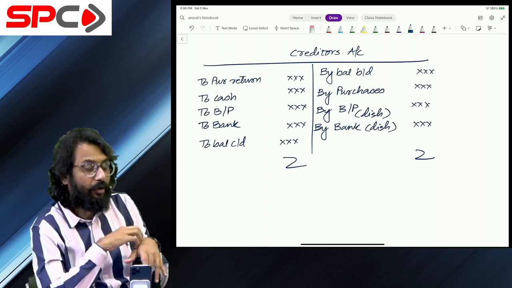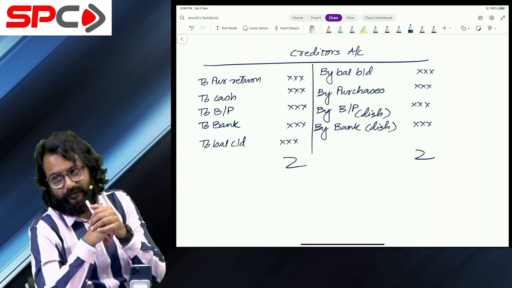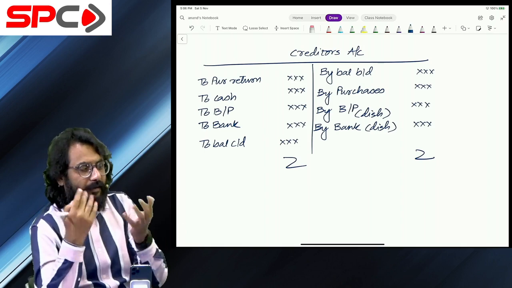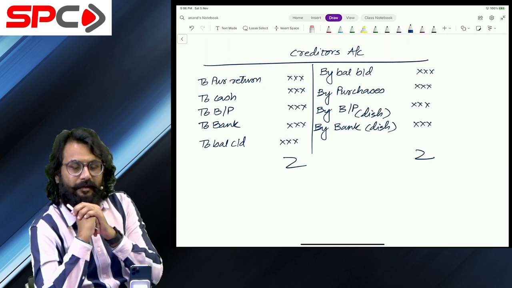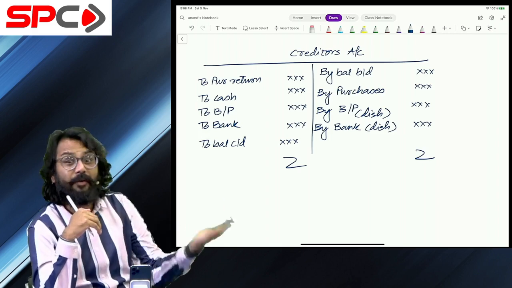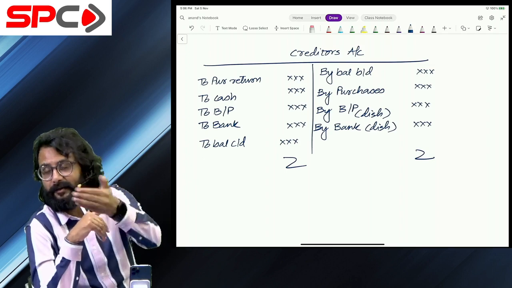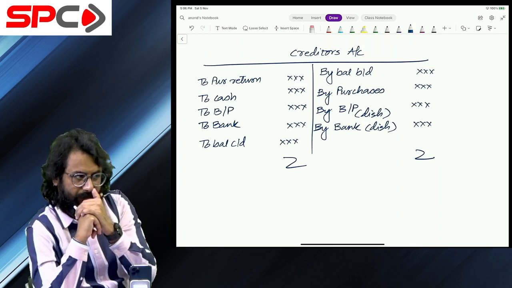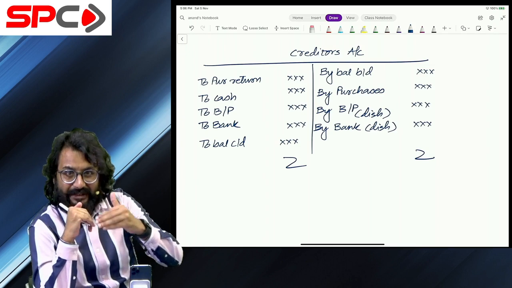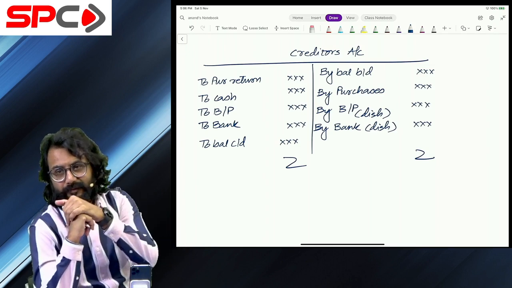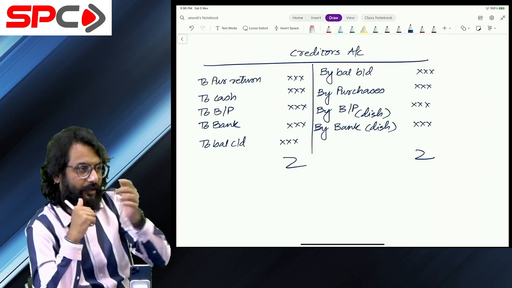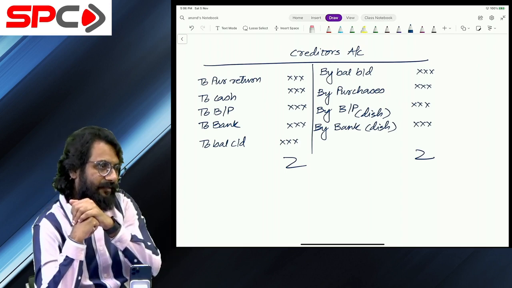Do you agree? Now loan repaid to B. B's loan to cash. So B account will be debited. A has given loan to B. Very good. B to cash.